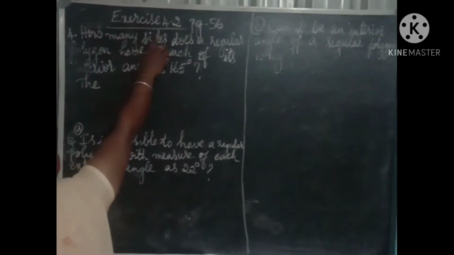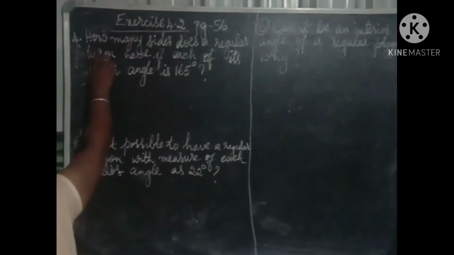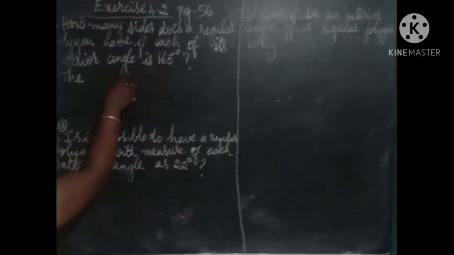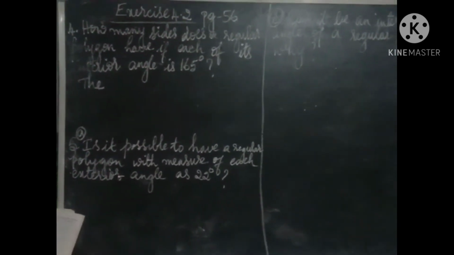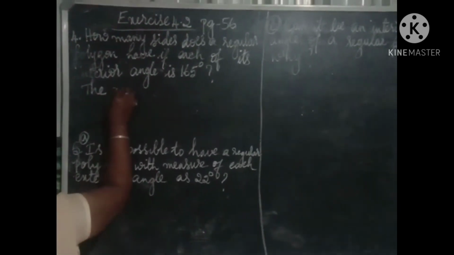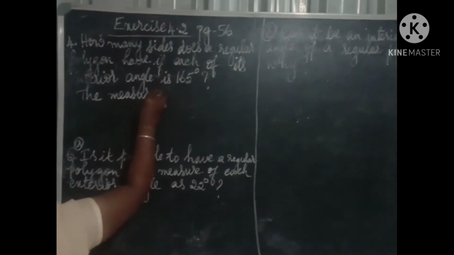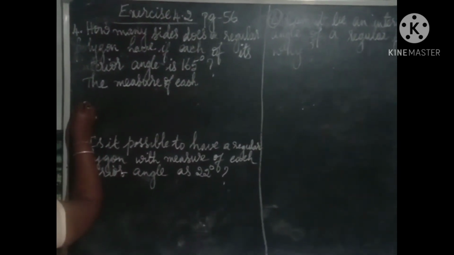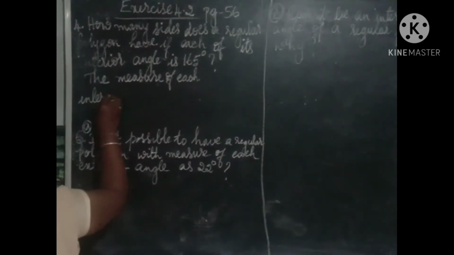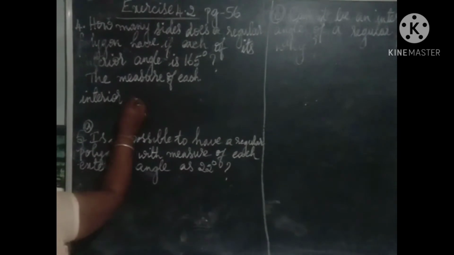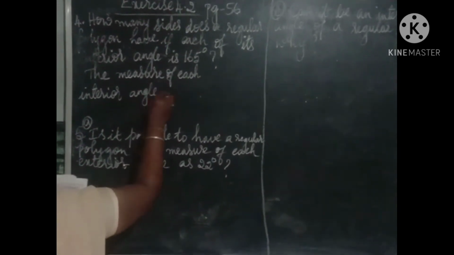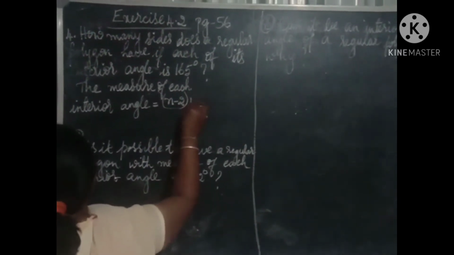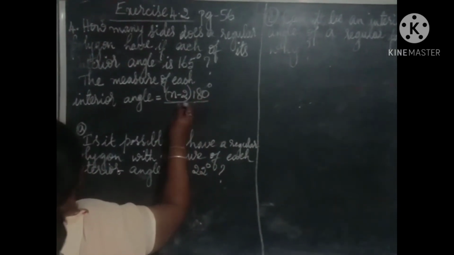In exercise 4.2, page 56, fourth question: how many sides does a regular polygon have if each of its interior angles is 165 degree? So the measure of each interior angle is equal to n minus 2 into 180 divided by n.